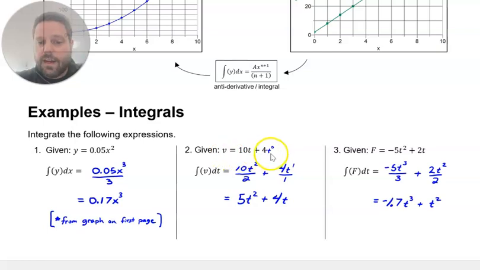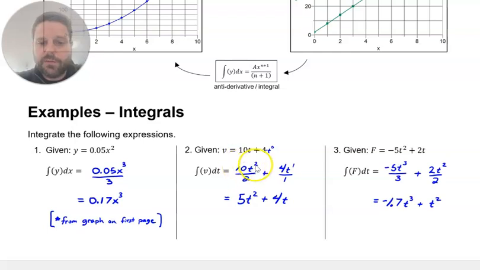This is a velocity time graph. So, velocity as a function of time. So when we integrate this as a preview, or if we already know this, this is going to give us delta x. We know this because the area of a velocity time graph gives us delta x. So integrating a velocity time function gives us delta x. When we integrate this, it's the same thing we've done here a couple times now.